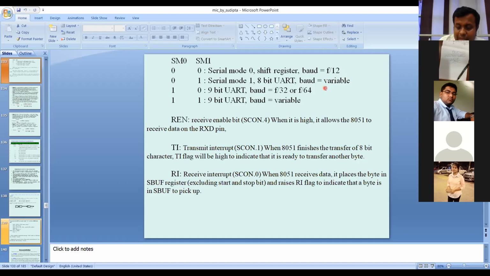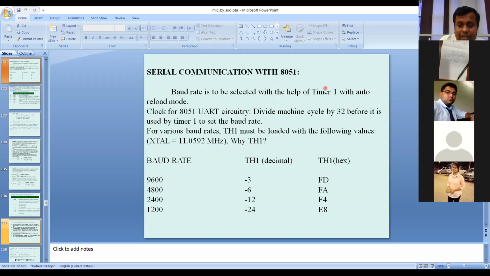Similarly, variable baud rate is generated by Timer 1 mode 2. For Timer 1, what will be the delay? How much will be the value? If I am given these values, then the corresponding baud rate will be generated. To generate 9600 baud rate, I am given the value FD.